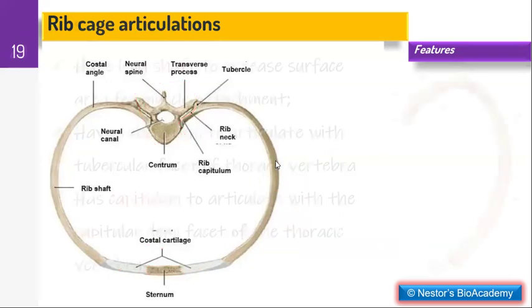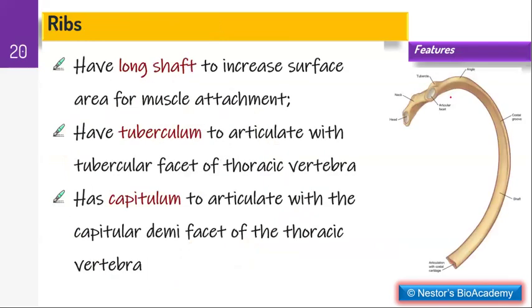Now, if you look at the rib further, the rib usually has a long shaft, and this long shaft is important because it provides an increased surface area for attachment of muscles. And then usually the rib also has a structure we refer to as the tuberculum or the tubercle.